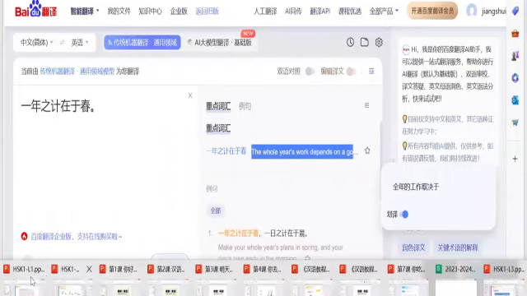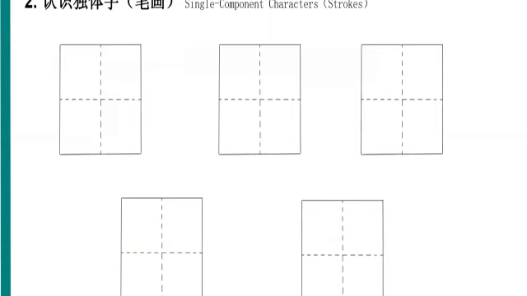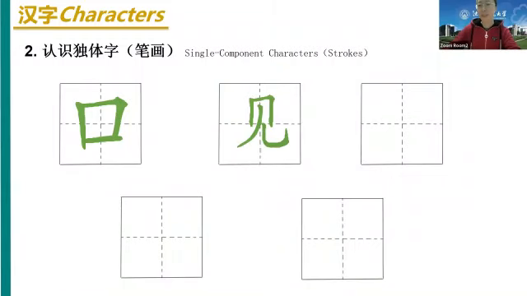So let's summarize the assignment I gave you last week. This assignment was to write the 5 Chinese characters, including pinyin. Please look at the PPT.